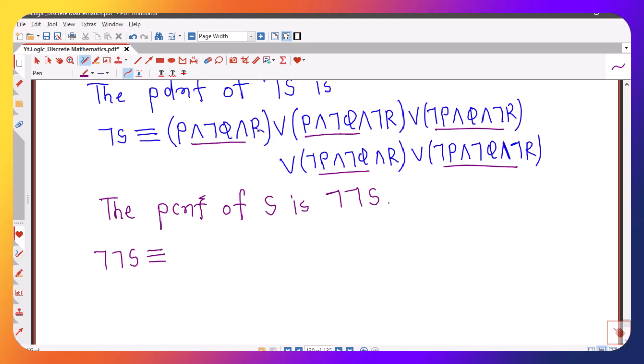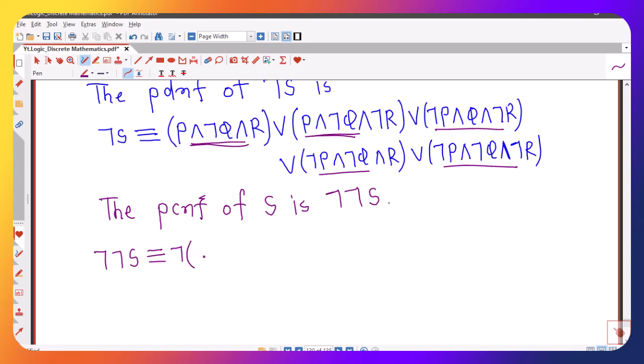If we take negation of this using De Morgan's law, we will have negation of this min term, AND operator, negation of this. So negation of each of the min terms, and that will be written as a conjunction.